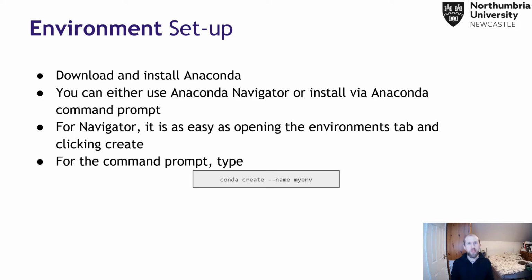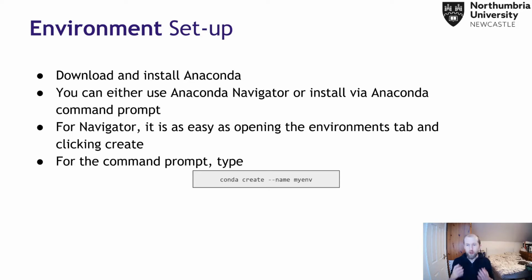So you will need to download and install Anaconda, and there are a couple of different ways that you can create a virtual environment. You can use Anaconda Navigator, or you can use the Anaconda command prompt.